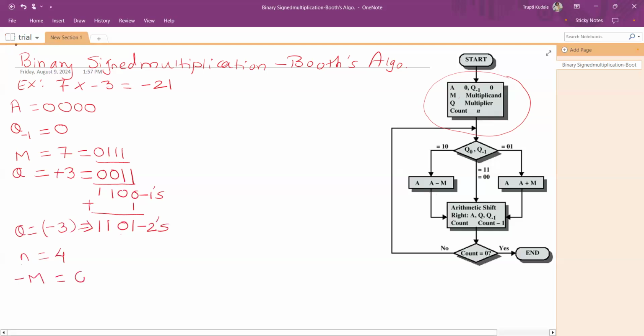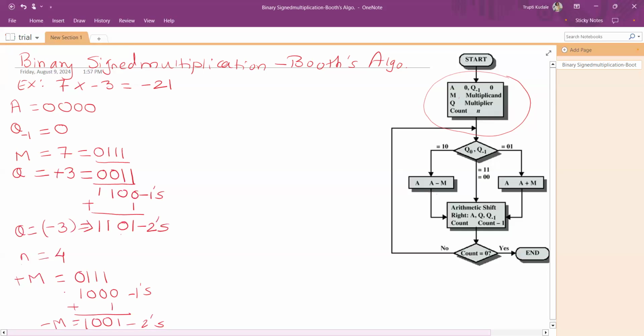Plus M is 0111. To get minus M, first take its 1's complement by inverting each bit, then add 1 to it, giving 1001. This is the 2's complement and this will be your minus M.